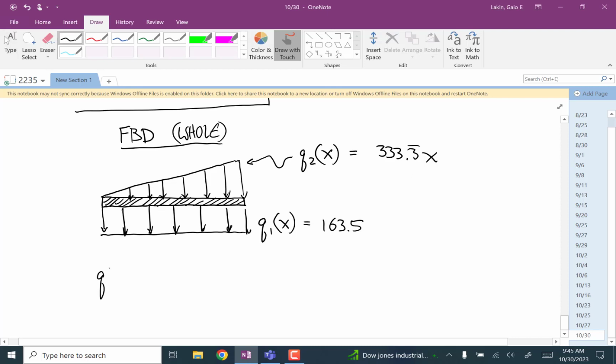And so the total distributed load function is just going to be the sum of these two: 333.3 repeating x plus 163.5.